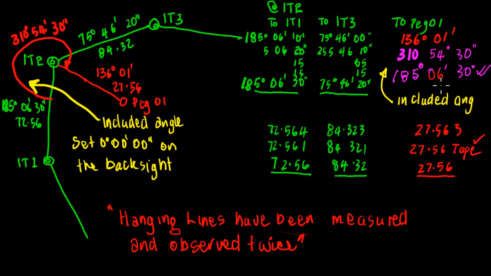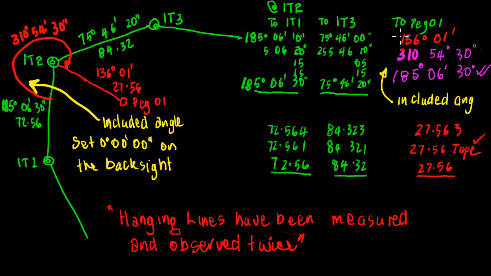55 from 01 is 06, and then we've got 311, but 1 away from 6 would be 5. Now we've got 136°01' minus 310°54', and obviously that's a bit tricky to work out.